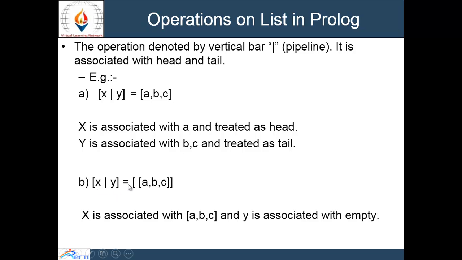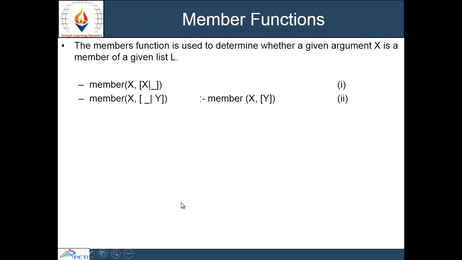Then X pipeline Y, in which X is associated with ABC and Y is associated with the empty list. Next are member functions, which are used to determine whether a given argument X is a member of a given list L.